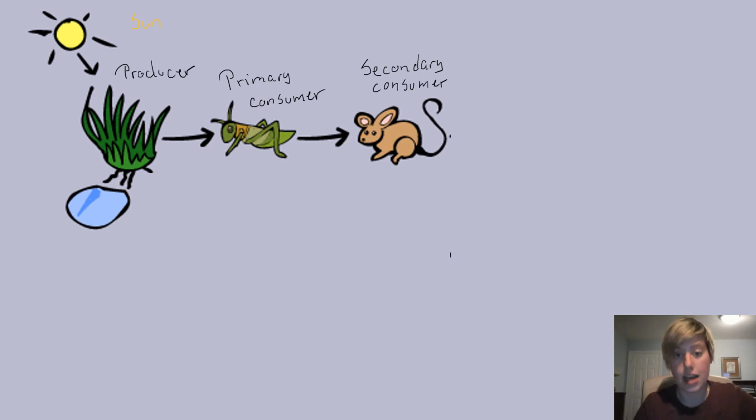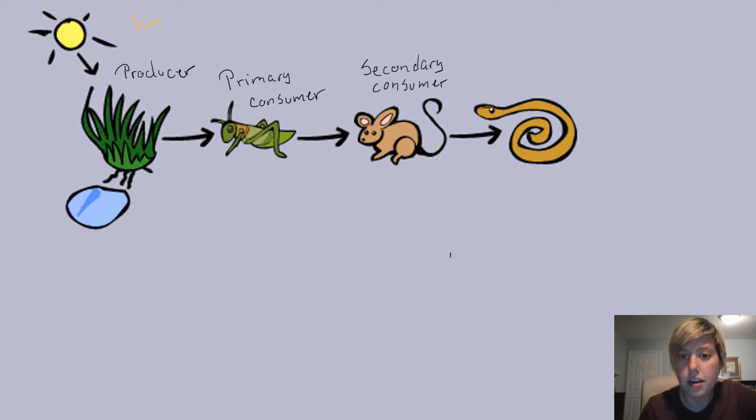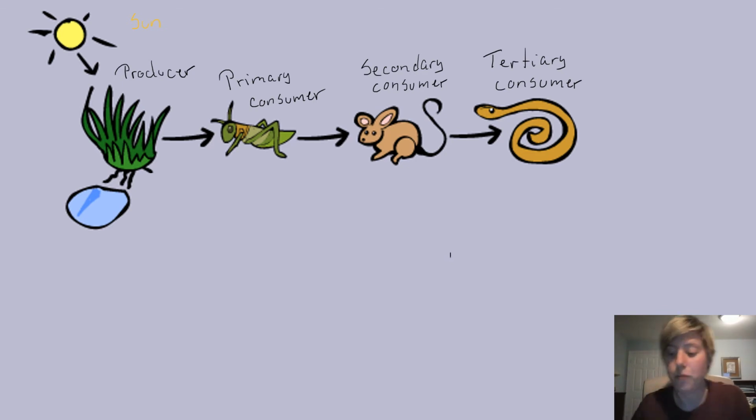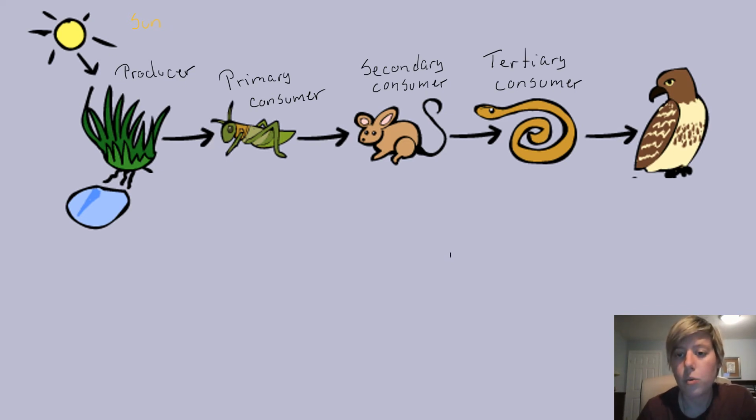The thing that eats the mouse, which is our snake, would be our tertiary consumer, tertiary meaning 3. So the tertiary consumer is the 3rd consumer in our chain. And the organism that eats the snake, which is the hawk, would be our quaternary consumer, or in this case, also our top consumer, because there is nothing else that eats the hawk.